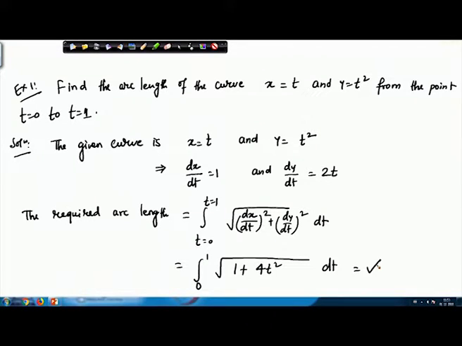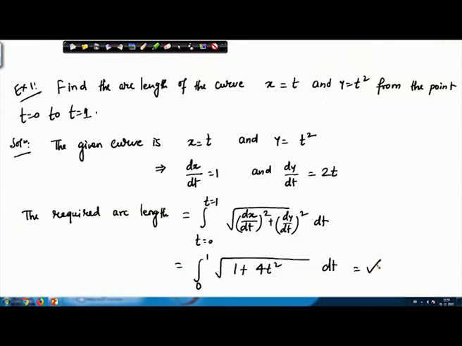From one of those formulas we can write this integral in a nice form, substitute t equals 0 and t equals 1, and that will give the required answer. I'll leave that task to the students, because from here it is straightforward. This is how you calculate the arc length if we are given the parametric Cartesian system.